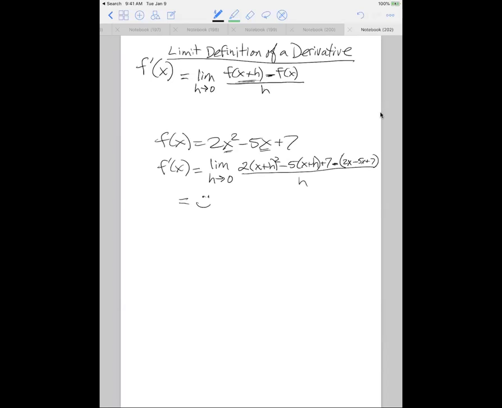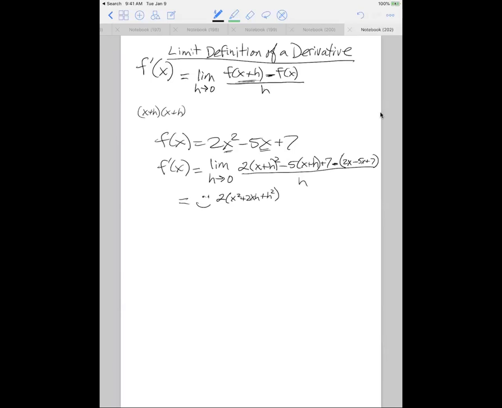So I'm going to resort to the smiley face there. There's the limit as h goes to 0 of, all right, let's multiply out one step at a time and simplify things as we move along, okay? So I've got 2 times x squared plus 2xh plus h squared. Remember where that's coming from. That is x plus h times x plus h.